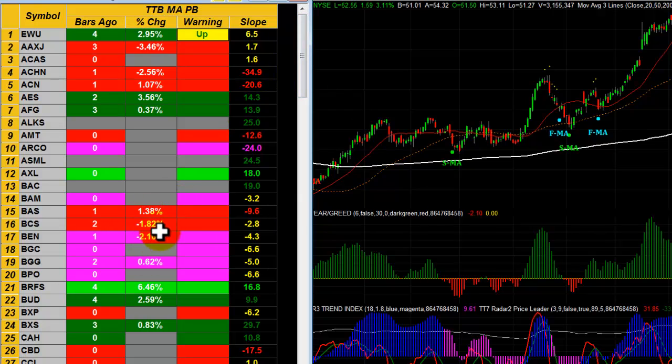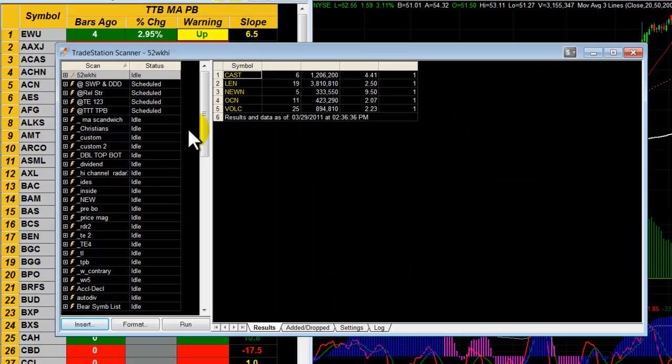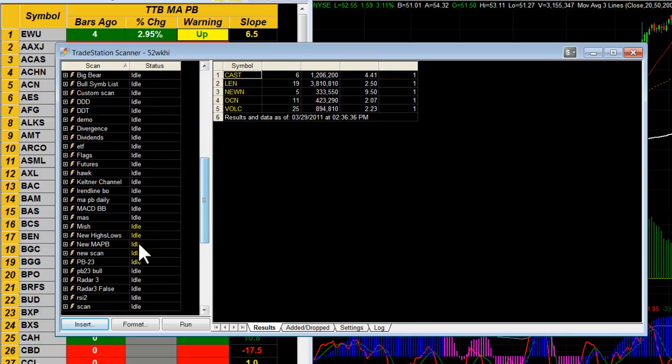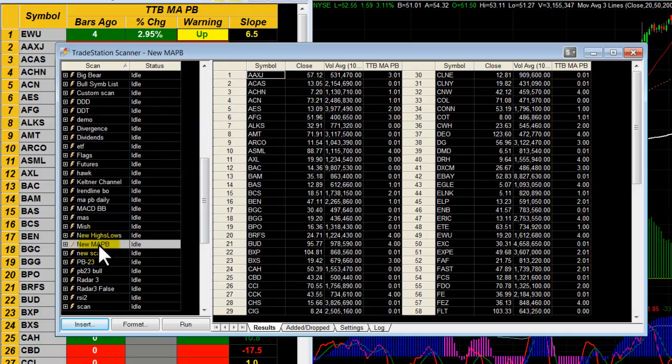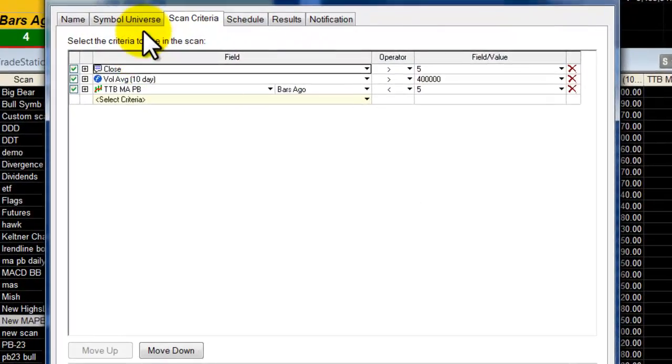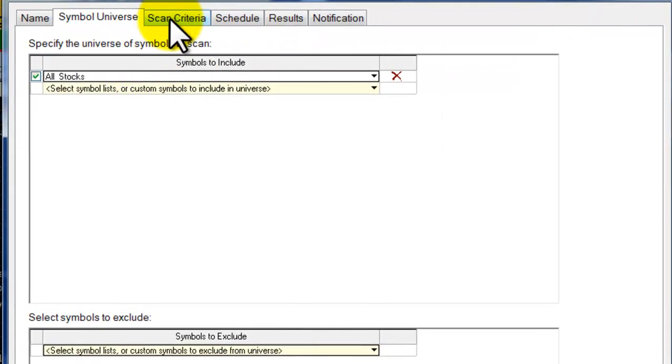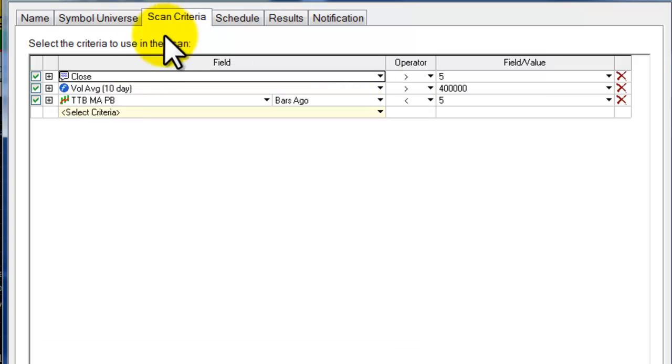I've gone further to include this TTB radar screen pullback indicator in a scan that I made. I call it the new moving average pullback, and you can see here I created a scan that looks for all the stocks, and I'm looking for anything that is $5 or more with an average volume of 400,000, and I'm looking for any moving average pullback signal less than 5 bars ago.